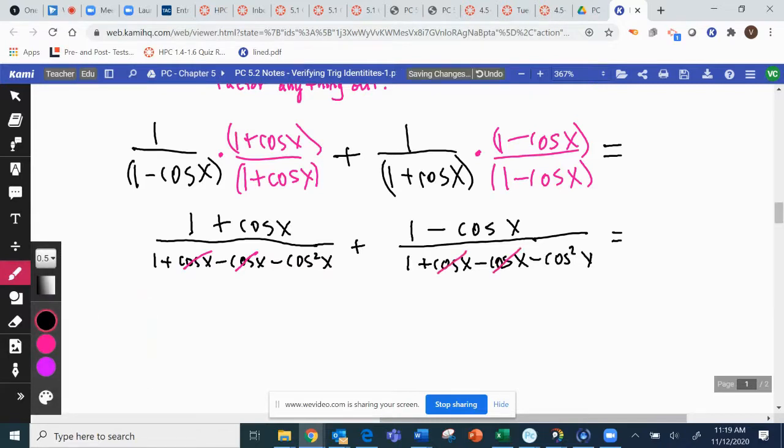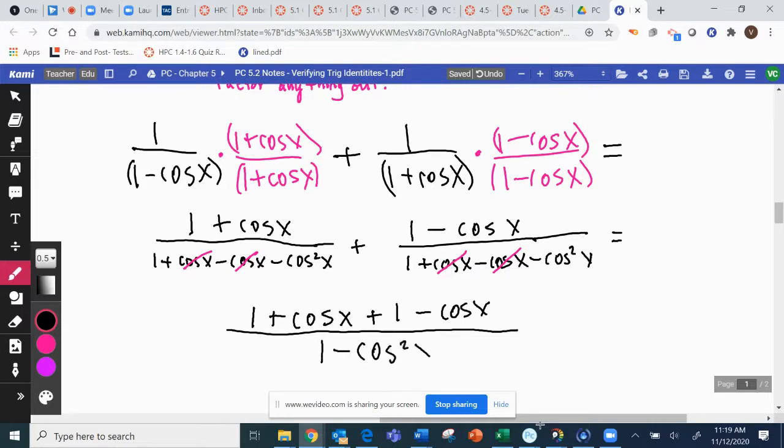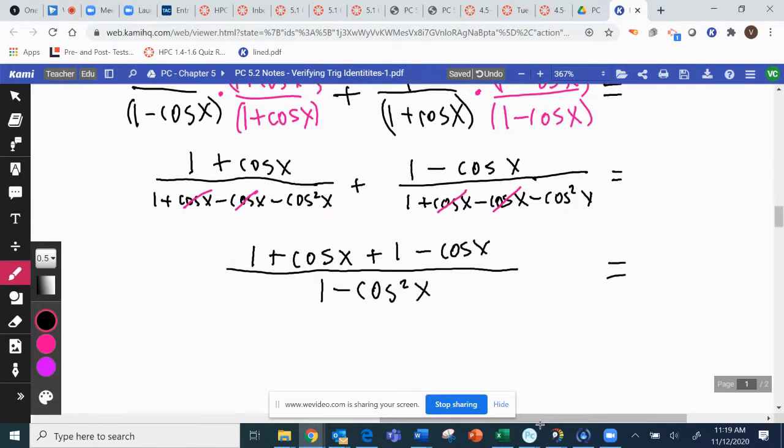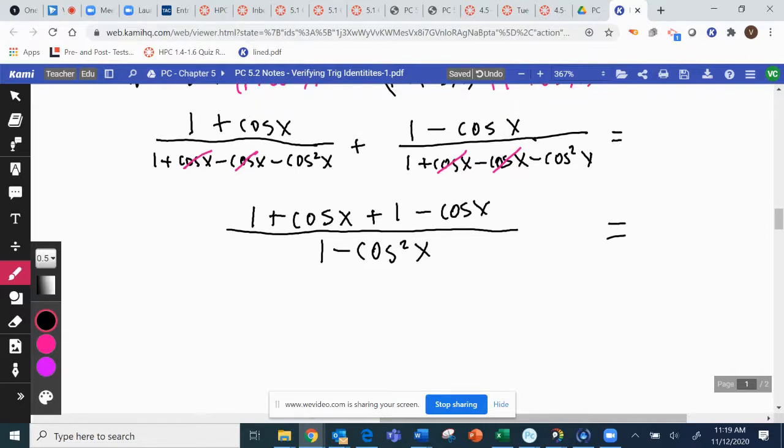Once I have a common denominator, then I can add my numerators over that common denominator. And then I can combine like terms in my numerator. When I combine like terms, my cosine x and the minus cosine x make 0. So I get 2 over 1 minus cosine squared x.